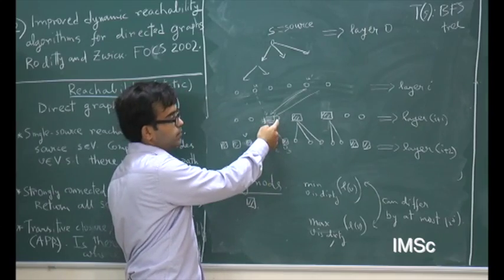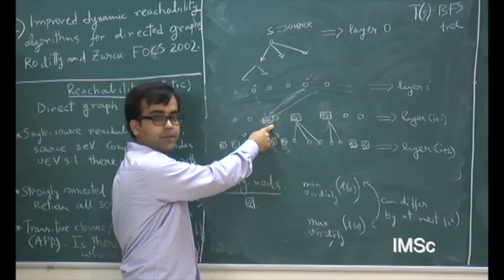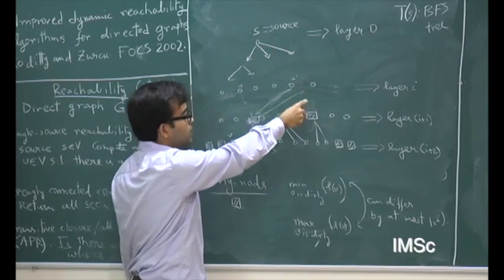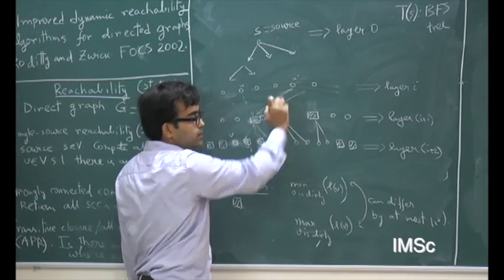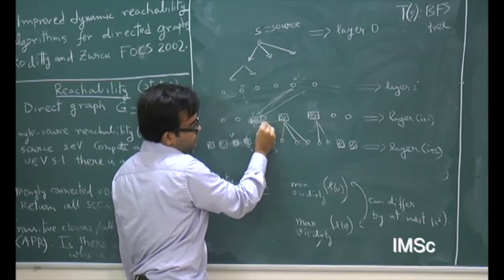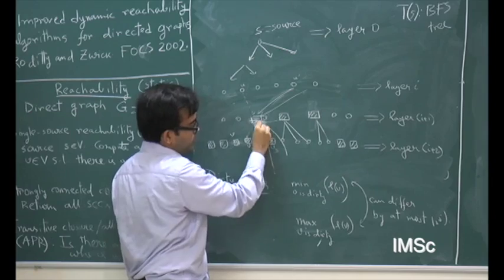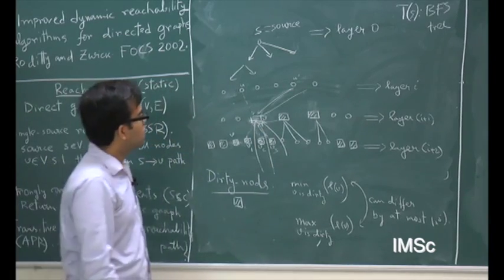So first note that incoming edges to V cannot come from level I minus 1 or above. So this is one set of edges, and the remaining set of edges are like this. Somewhere below, it can get some edges from its descendants, you don't care.